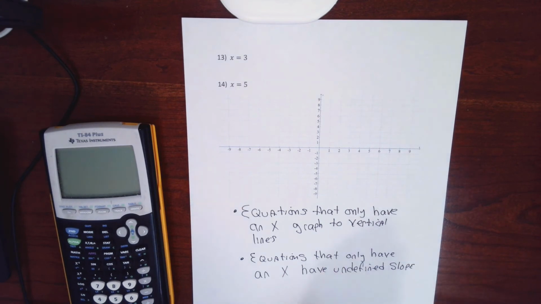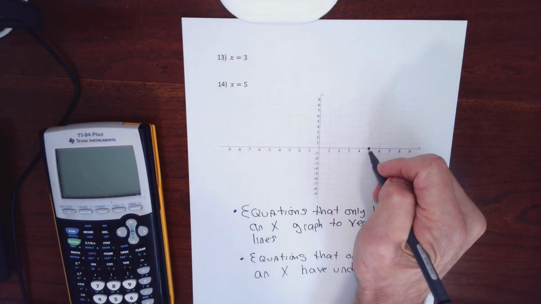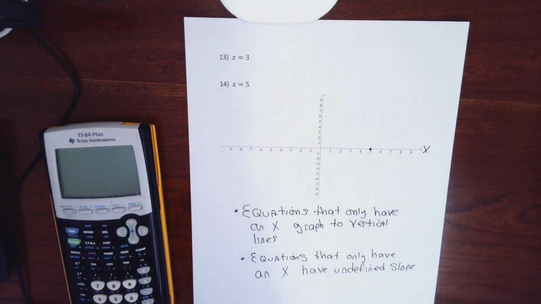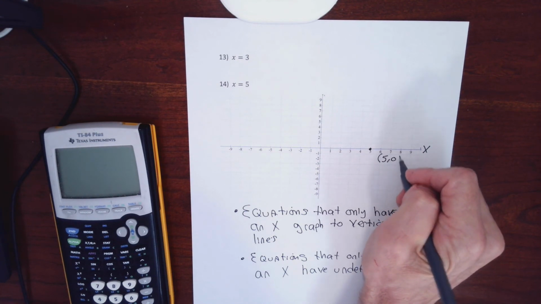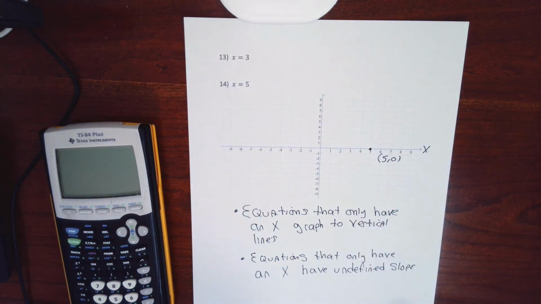Specifically, if I want to graph problem 14, x equal to 5, I'll find 5 on the x-axis, hence the x equal to 5. That's technically the point (5, 0). And I'll draw a vertical line.